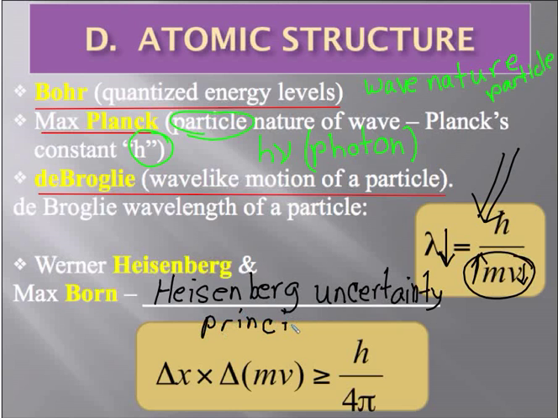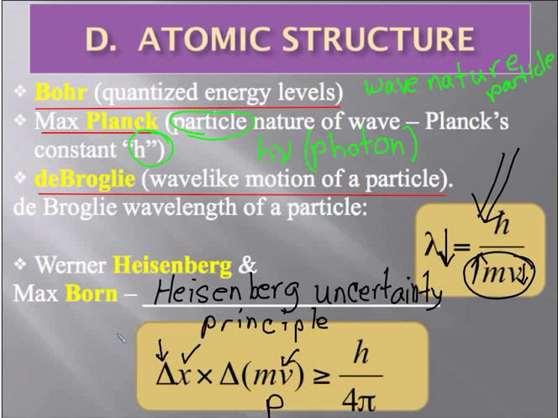Now, effectively what he's saying is because of the tiny, subatomic or microscopic nature of an atom, it's impossible to know the exact position and the exact momentum. Mass times velocity is momentum. So in effect, we can't know the velocity with 100% certainty simultaneously.